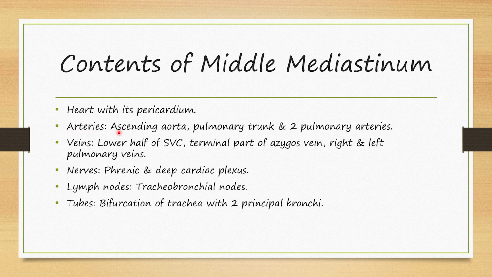Arteries: there are also the ascending aorta, pulmonary trunk, and 2 pulmonary arteries. Veins: lower half of superior vena cava, terminal part of azygous vein, right and left pulmonary veins. There are also nerves, phrenic and deep cardiac plexus. There are also lymph nodes, the tracheobronchial nodes, and tubes. The trachea, at the bottom of it, separates into 2 parts. So there's a bifurcation of trachea with 2 principal bronchi.